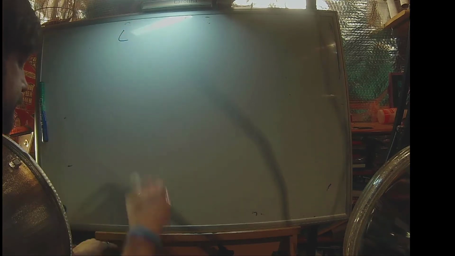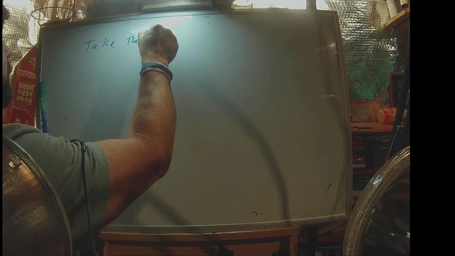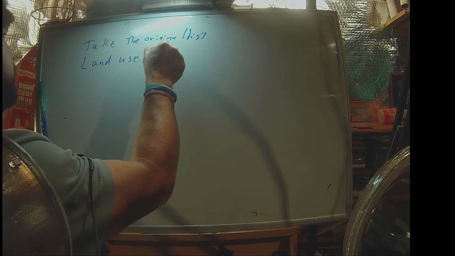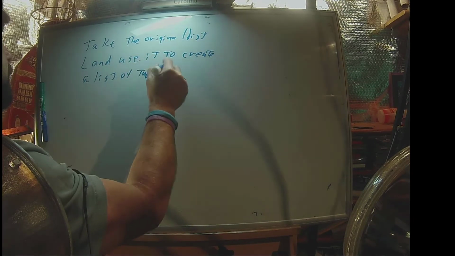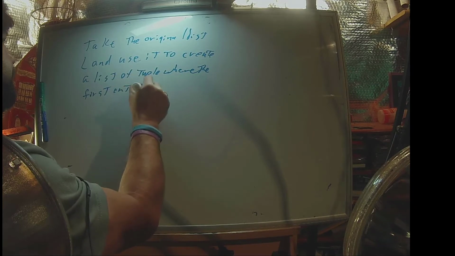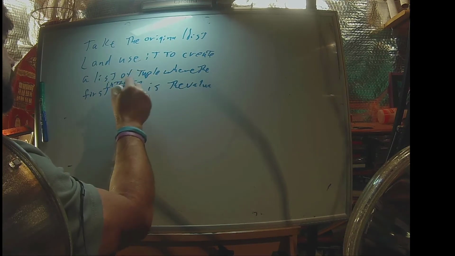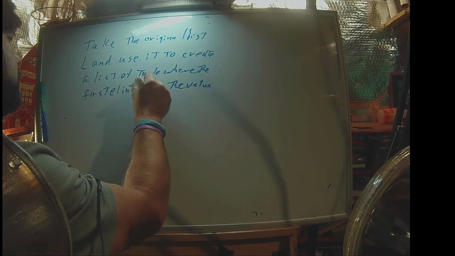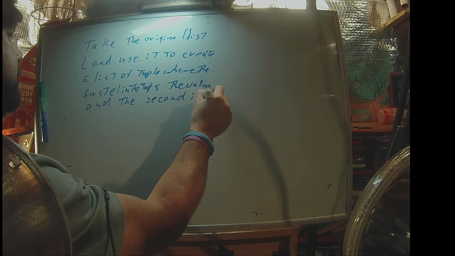What happens if we just take the original list L and use it to create a list of tuples where the first element in the tuple is the value, and the second element is the index.